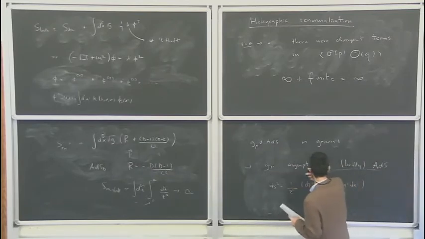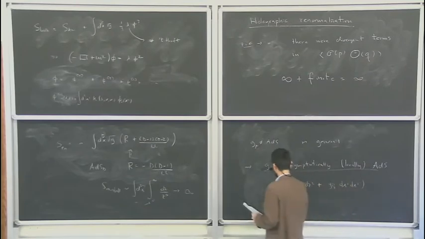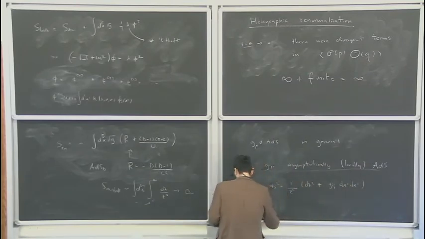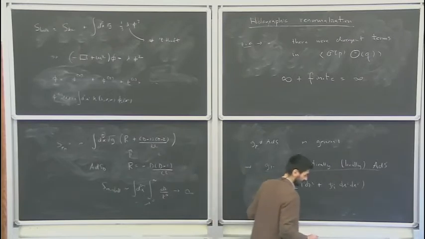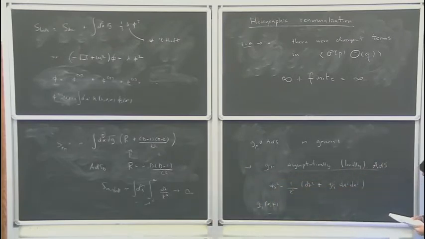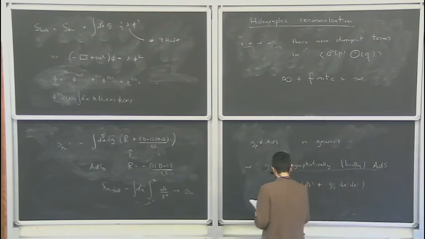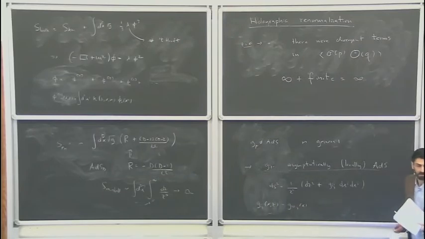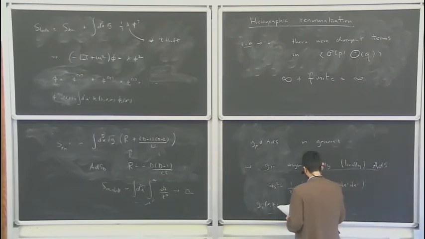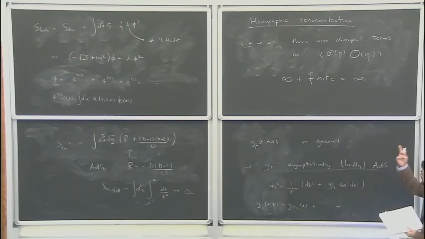But for a space which is asymptotically locally ADS, this takes, in general, an expansion. So it depends on x and z. And it has an expansion which starts with a term depending just on x, and then other terms which have powers of z, exactly as we did for the scalar.